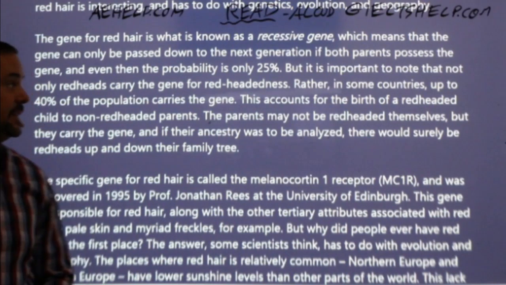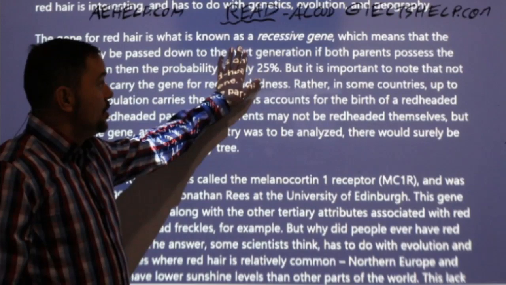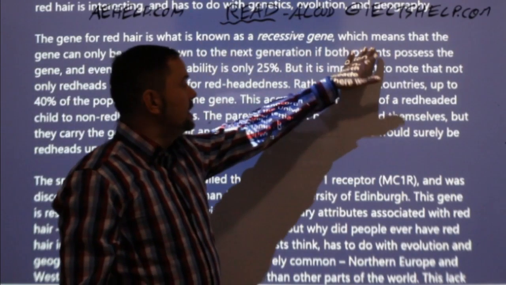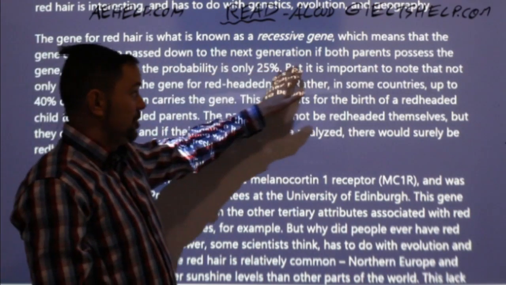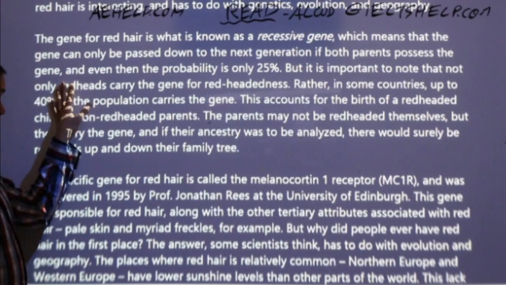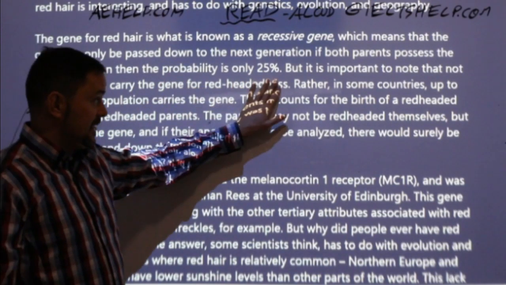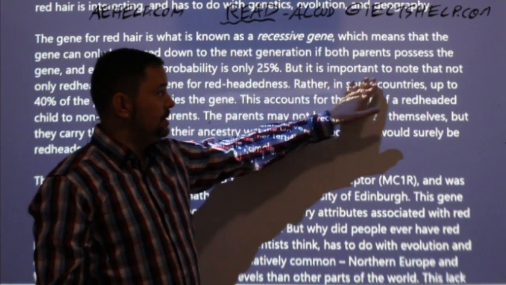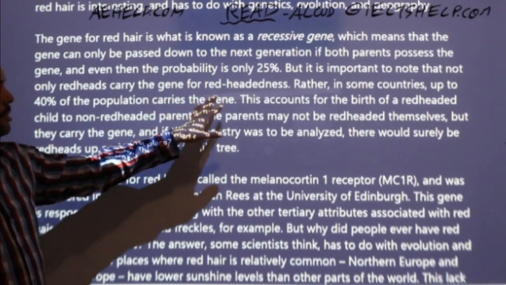Again, let's read together. The gene for red hair is what is known as a recessive gene, which means that the gene can only be passed down to the next generation if both parents possess the gene, and even then the probability is only 25%. But it is important to note that not only redheads carry the gene for redheadedness.